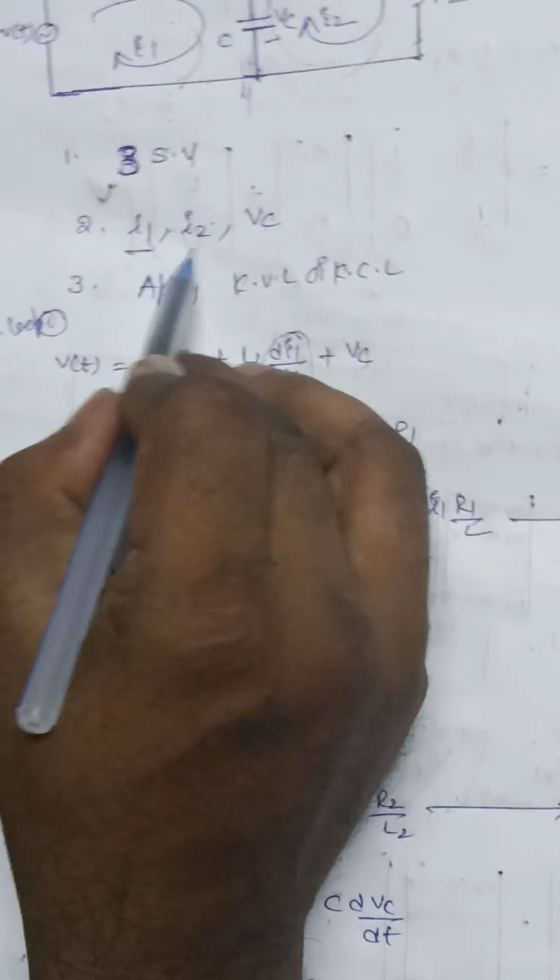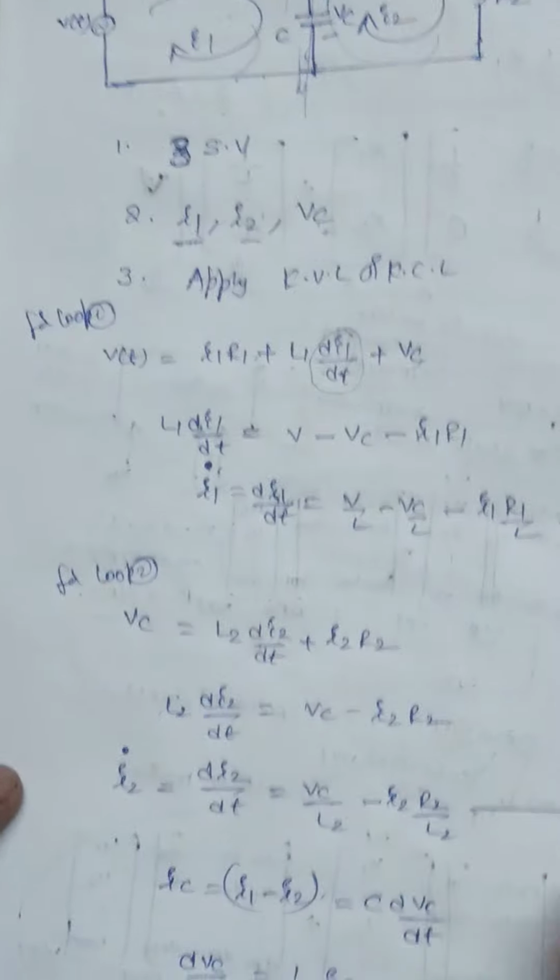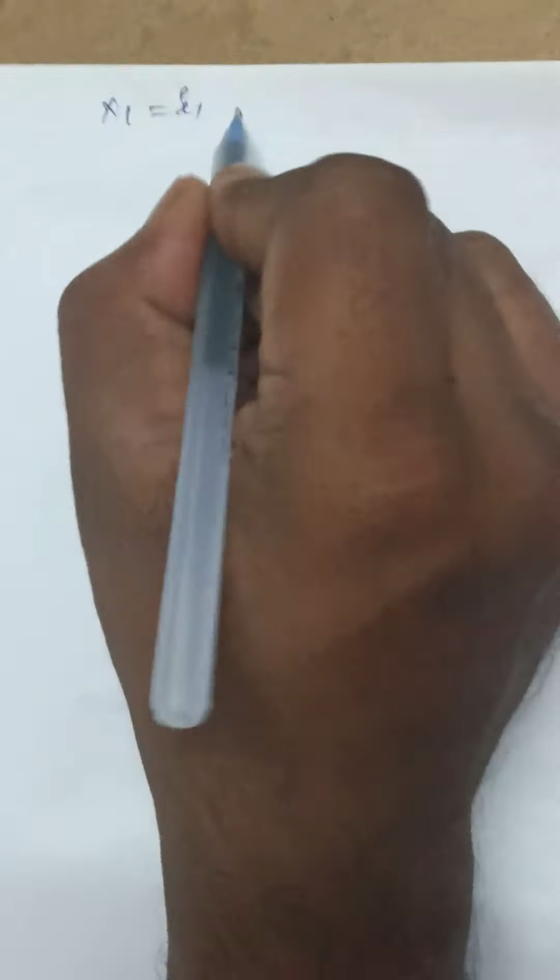Now these are the state variables I1, I2, Vc. Let us write x1 is equal to I1, x2 is equal to I2 and x3 is equal to Vc.